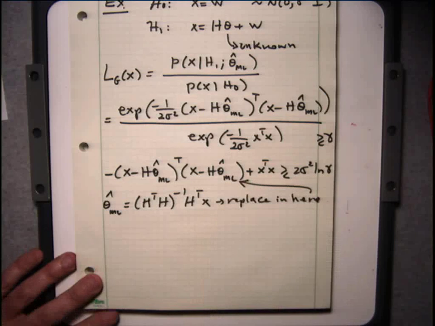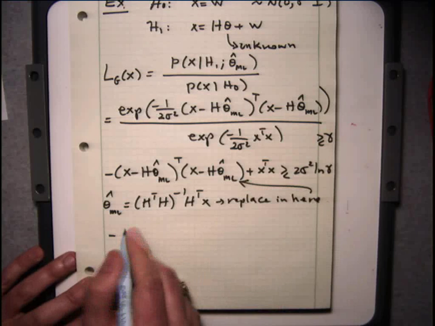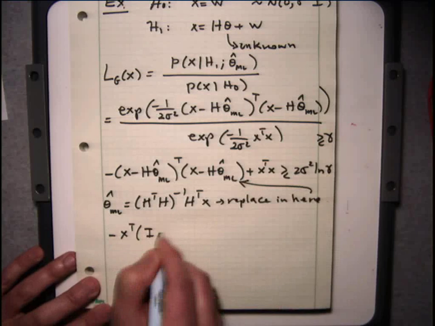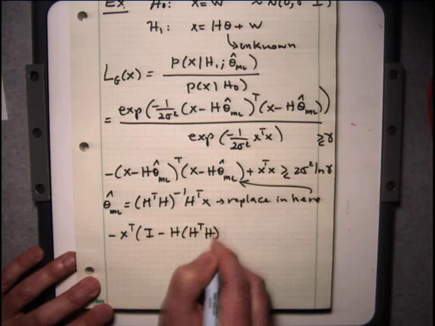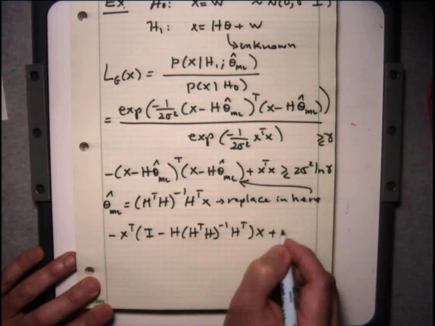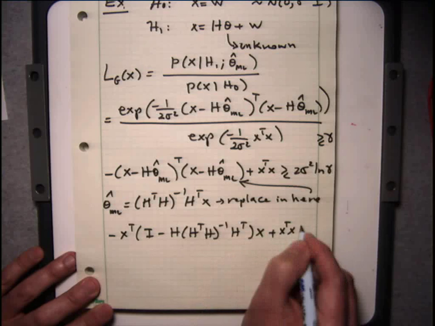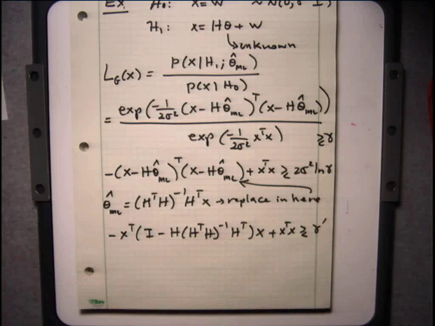And when we do that, I get minus x transpose I minus h transpose h inverse h transpose x plus x transpose x compared to, let me just call this gamma prime. Just some other threshold.